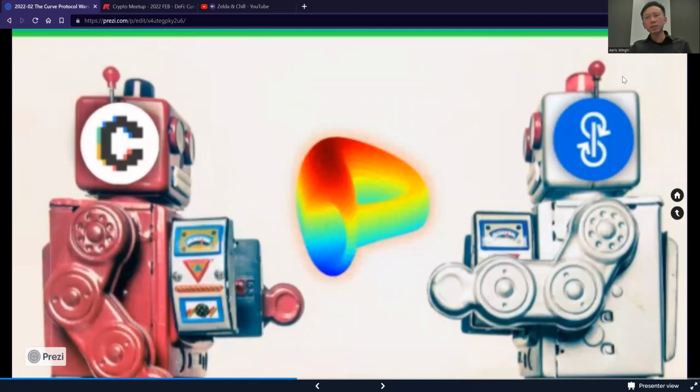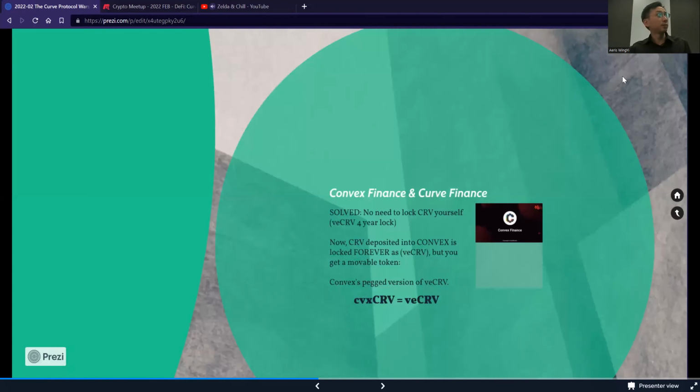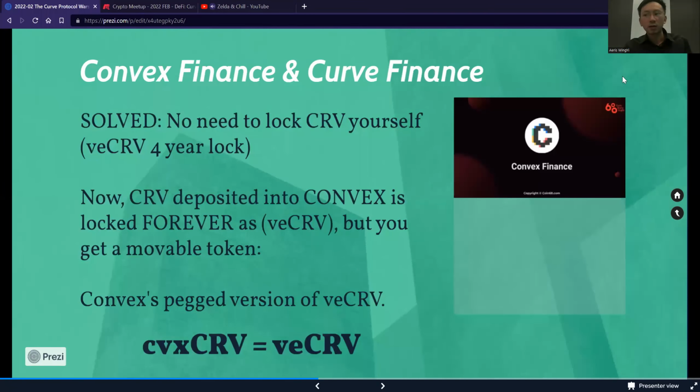So these guys were the two big players for the past year or so. Now you have Curve and Convex Finance, two separate projects. Convex relies on Curve. Convex cannot exist without Curve.